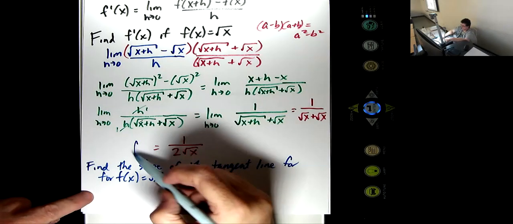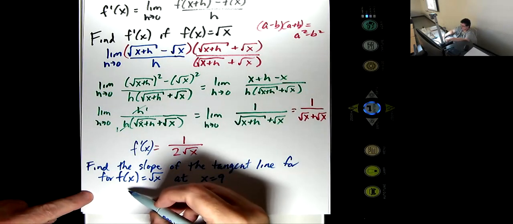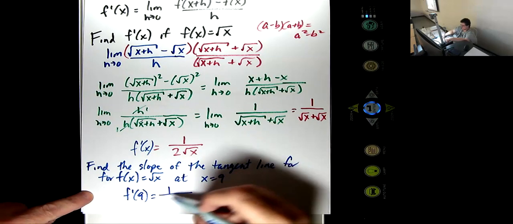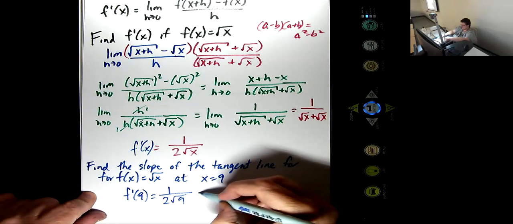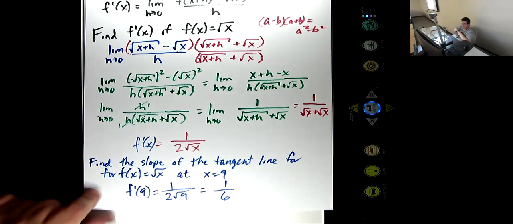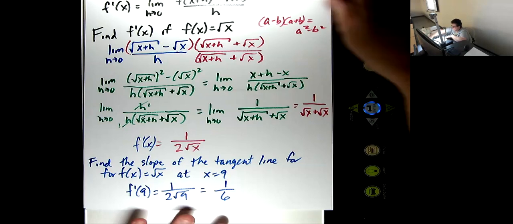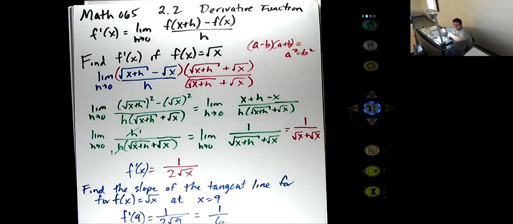This was f prime of x. We'll do f prime of 9 equals 1 over 2 square root of 9, which is 1/6. That was one example. This was example 3 in the lecture notes.